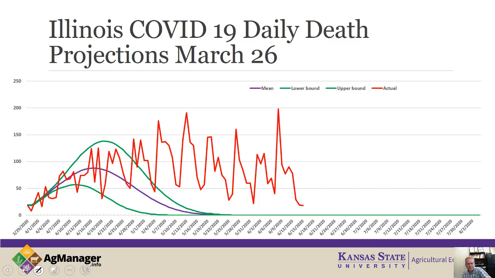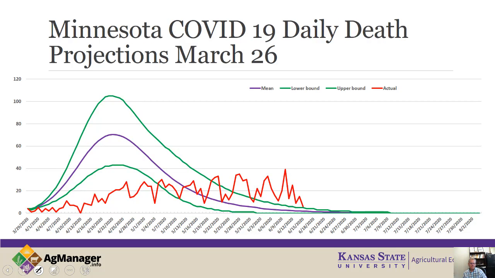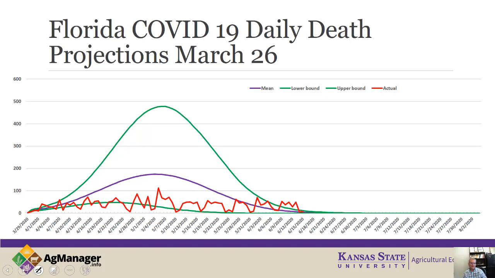Illinois, again, some spikes with regards to reporting, but again, if you look at a longer term trend, it's certainly downward. Iowa basically has a downward trend since the end of May. Looks like Minnesota is beginning to see a downward trend here in terms of over the last week and a half. Wisconsin tends to do fairly well.